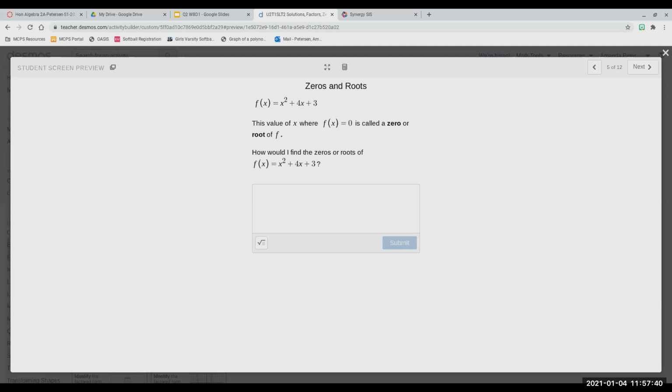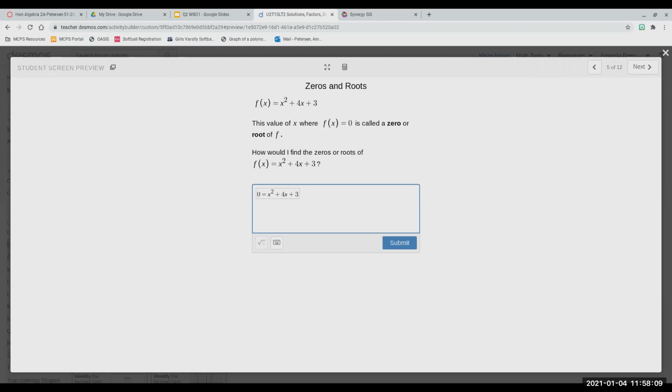Now, the cool thing is, we don't actually have to learn any new math to find the zeros or the roots. Why is that? Let's take a look at this function. It's telling me that the values of x where the function equals 0 are called the zeros or roots. So let's replace f of x with 0 like it says. And I have 0 equals x squared plus 4x plus 3.